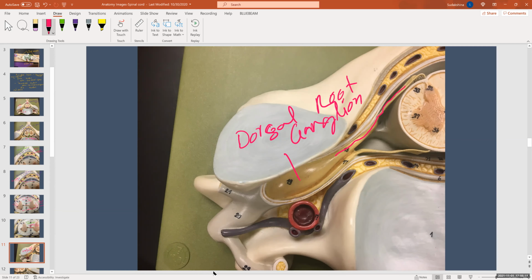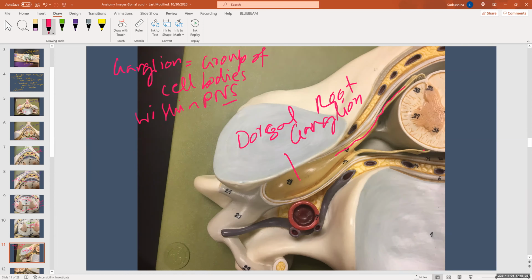The term ganglion, basically a ganglion is a group of cell bodies of neurons within the PNS. So this is dorsal root ganglion.